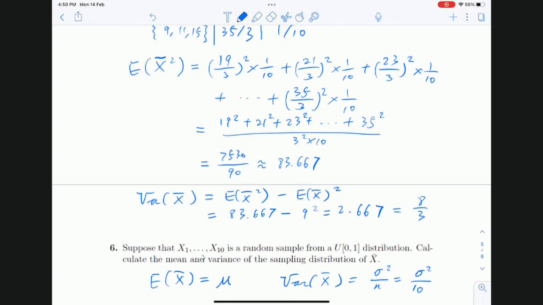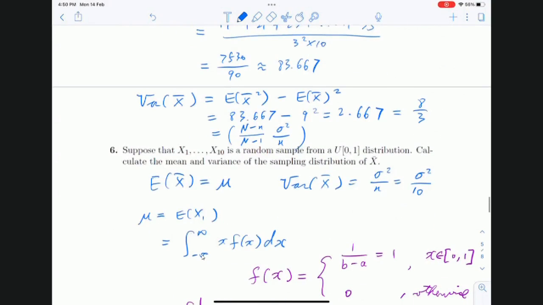Actually, we have also seen a formula. If we draw without replacement, then the sample mean will have an expectation equal to the population mean. But unlike the previous situation, we have seen a formula that the variance of the sample mean is sigma square over the sample size.